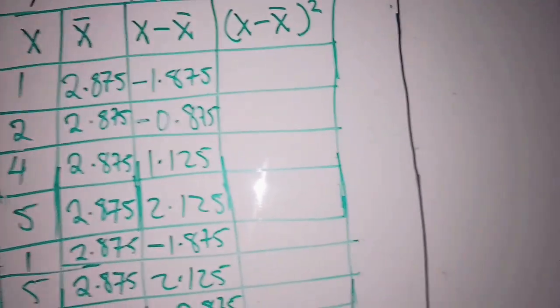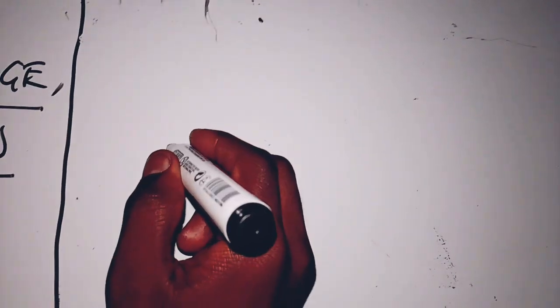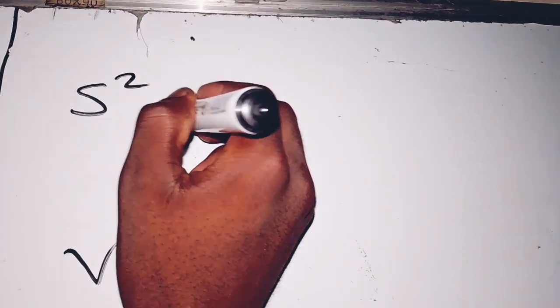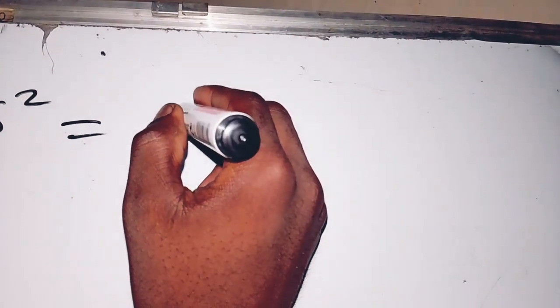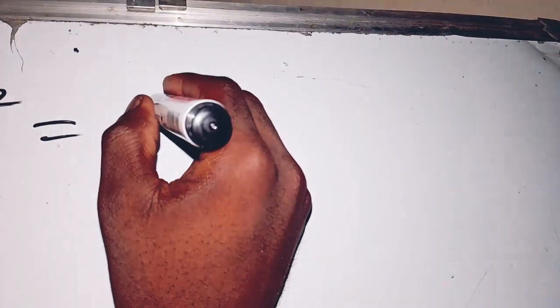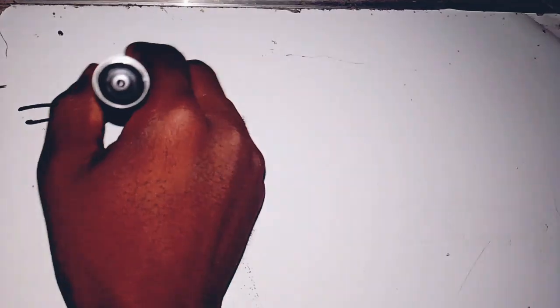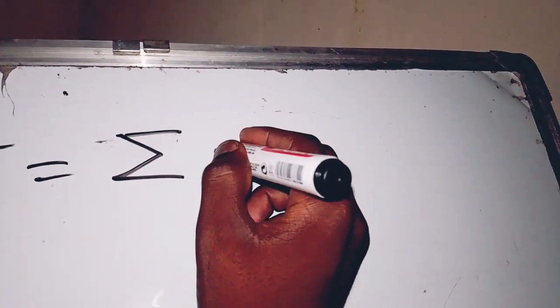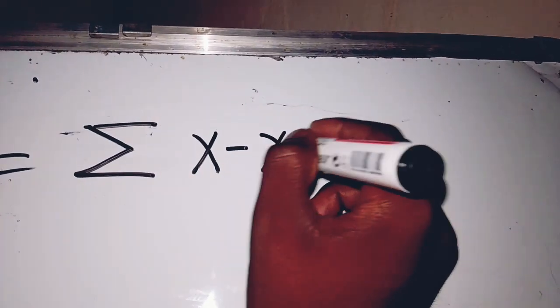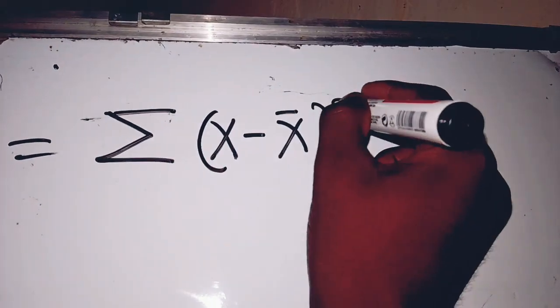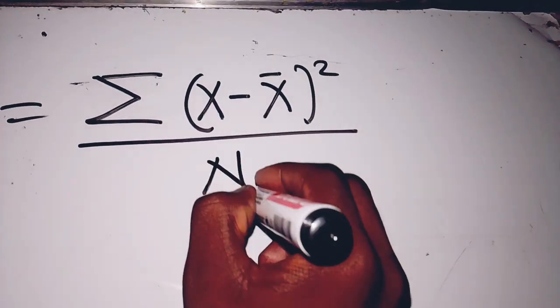And then variance is represented by s squared, other than CV, but it is represented by sigma squared. Sigma squared is equal to the summation of x minus x bar squared, you divide by n.